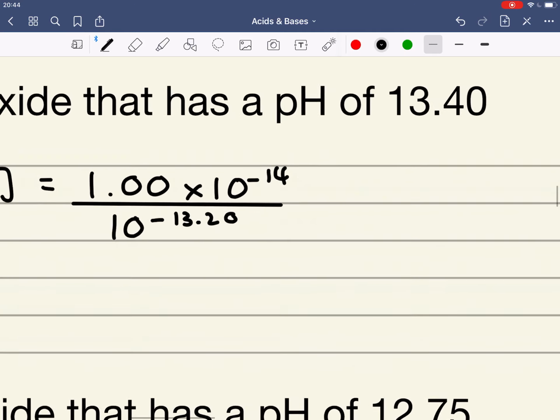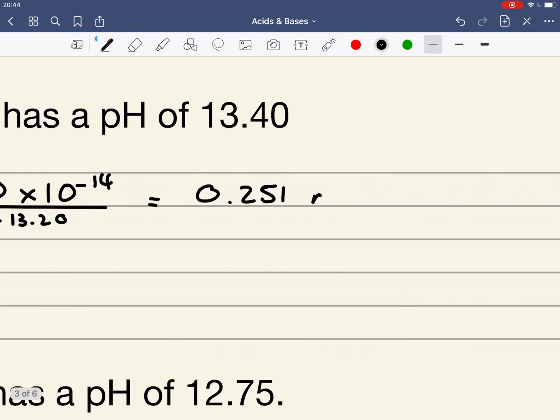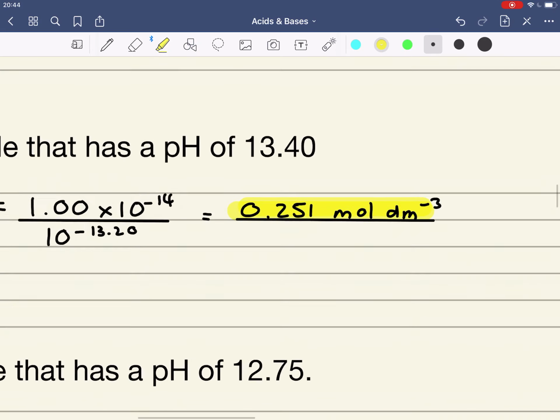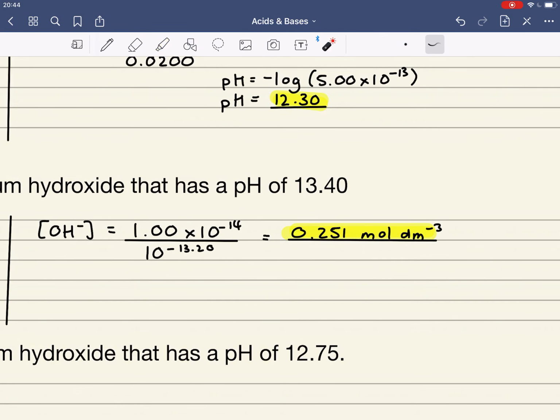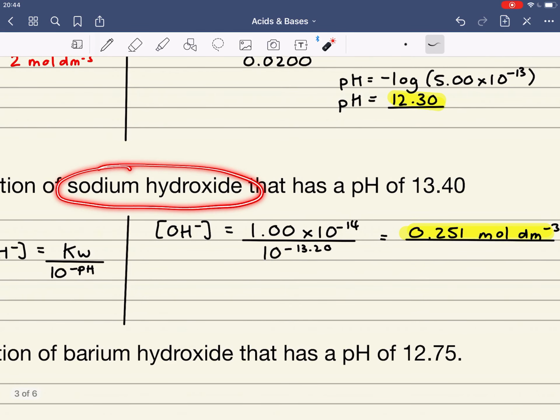And that gives me an answer of 0.251 moles per decimetre. Now remember, that's my hydroxide ion concentration. But because I've got a strong monoprotic base, this hydroxide ion concentration is also equal to the concentration of sodium hydroxide. So my answer would be 0.251.